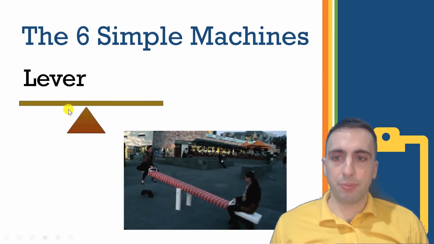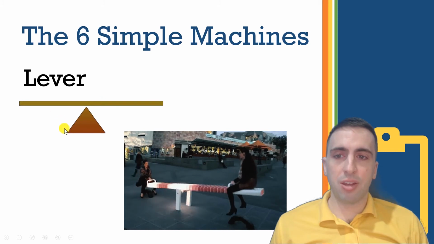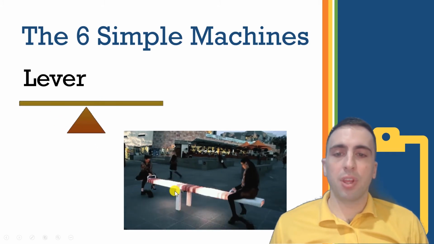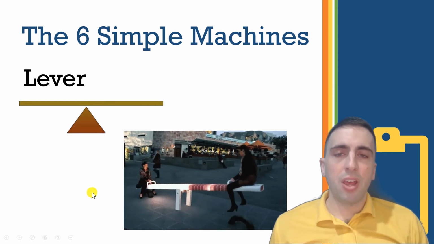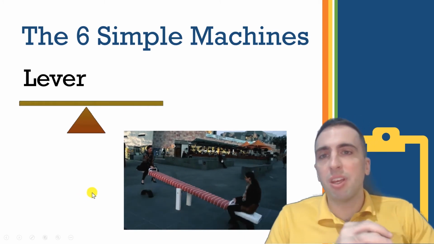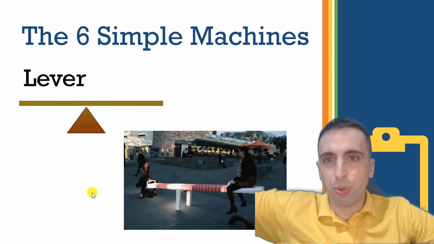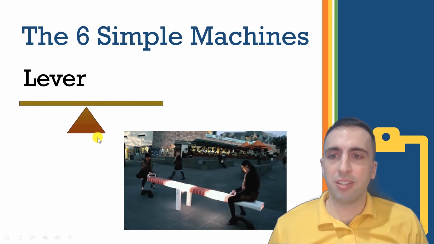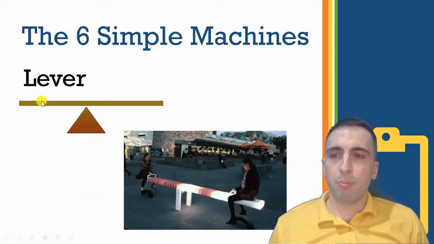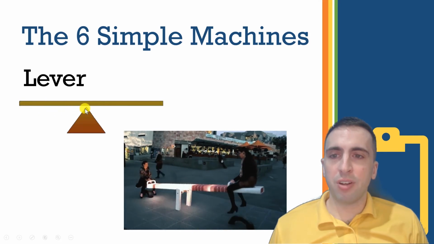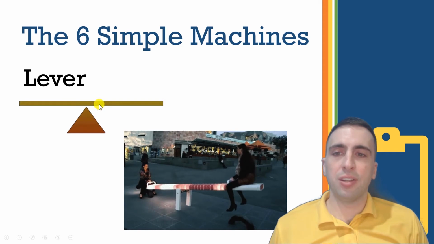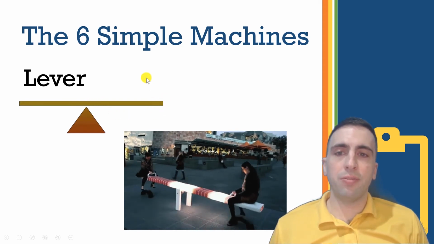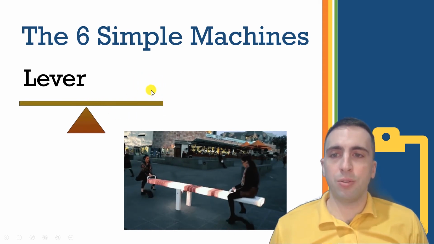This is called a fulcrum. A fulcrum is something that we can use to push the lever against. So we can push on the lever. It will use the fulcrum right here to lift up the load.